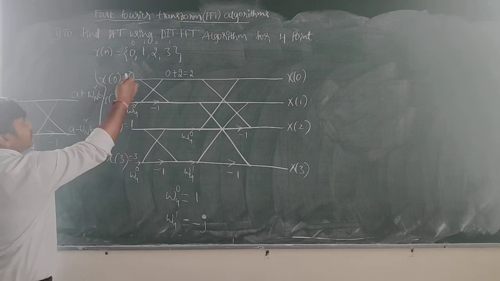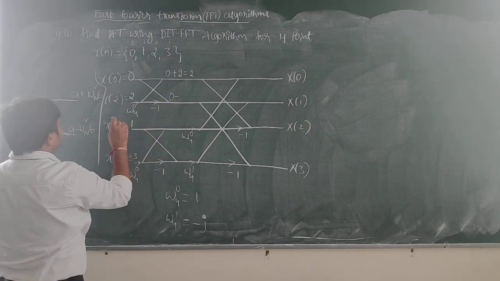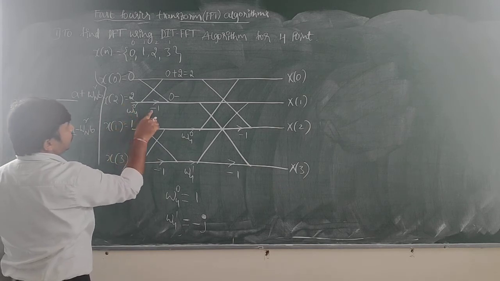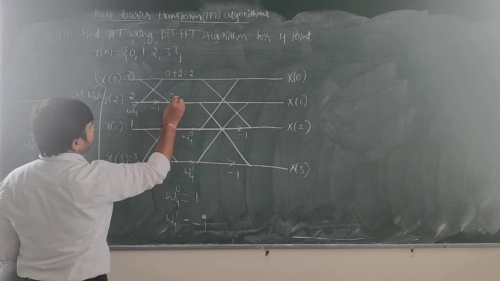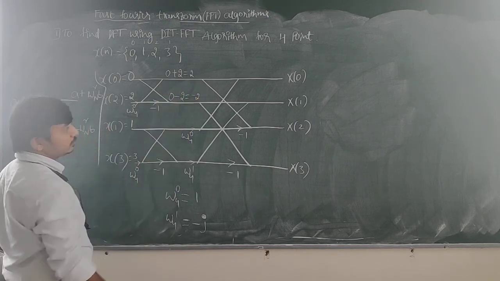Similarly, here 0 minus W4 power 0 into 2, W4 power 0 is 1, 1 into 2 is 2, so it is equal to minus 2.